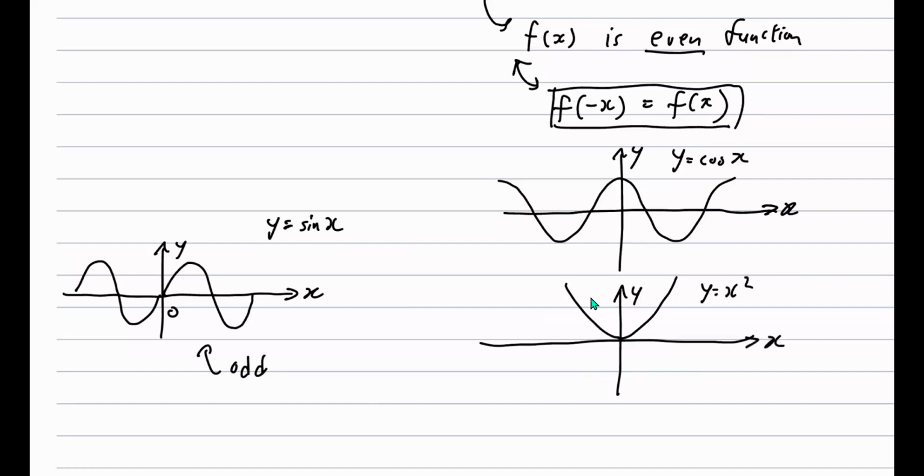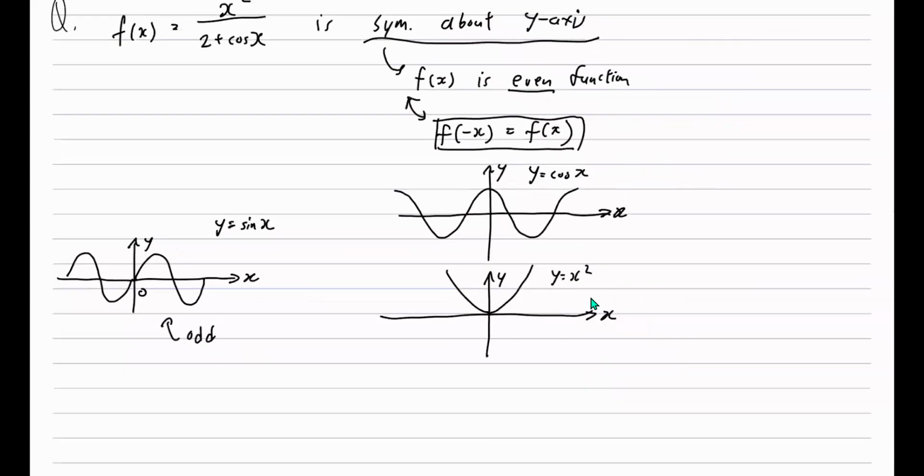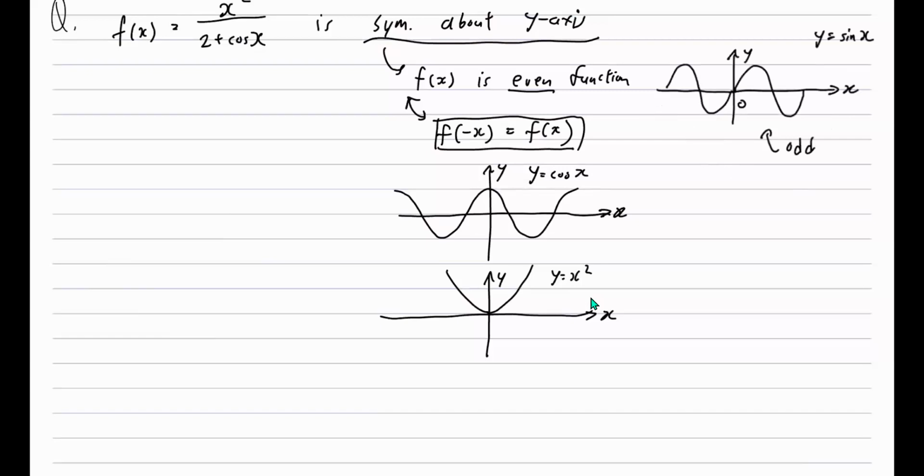Okay, so let's just deal with this question. Let's see how we can show that this is an even function. What you need to do is sub in x with negative x. Everywhere where there was x, you must replace with a negative x.